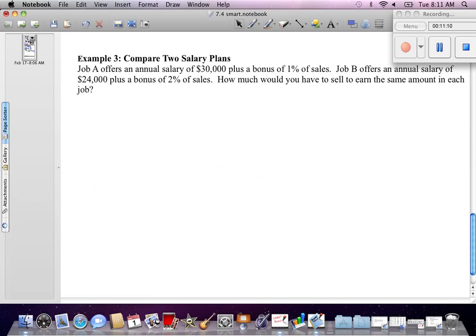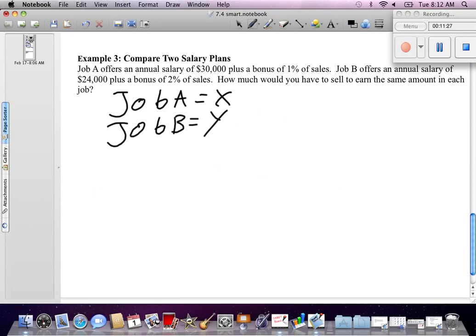How much would you have to sell to earn the same amount in each job? Okay, so we're going to call job A equals X, job B equals Y. Okay? So what is the annual salary for job A? $30,000.